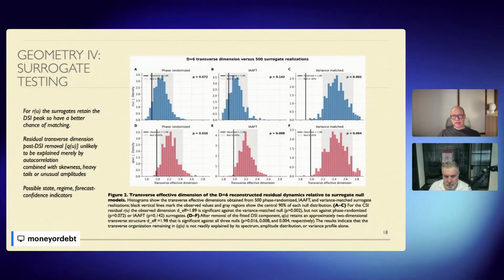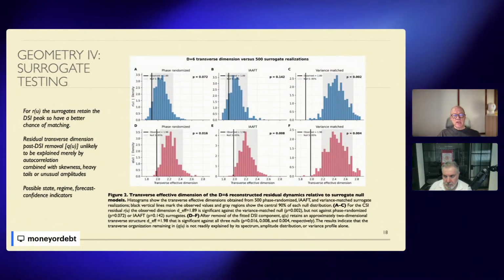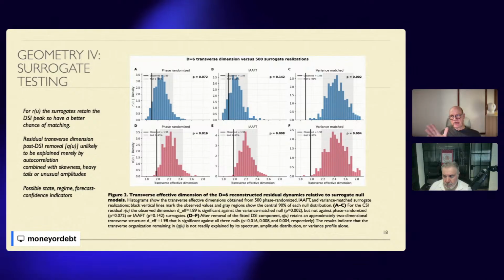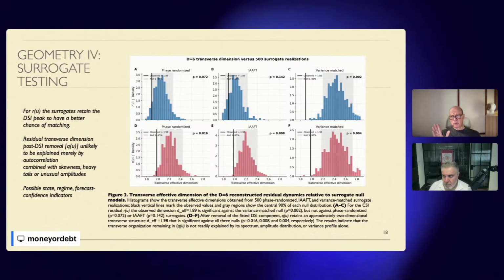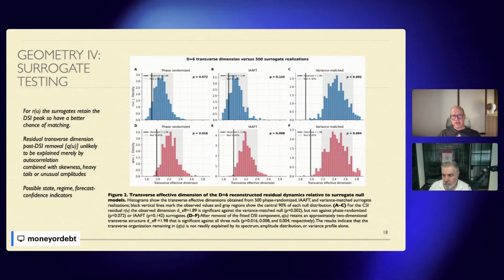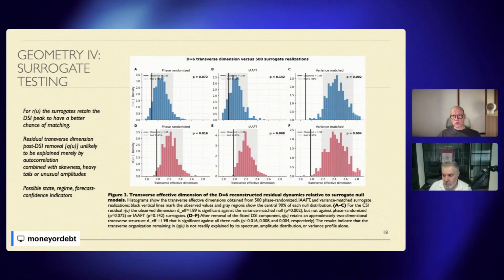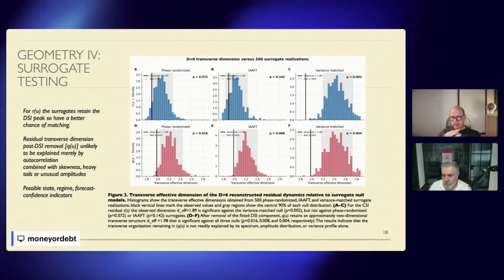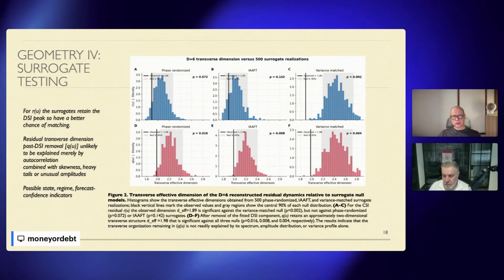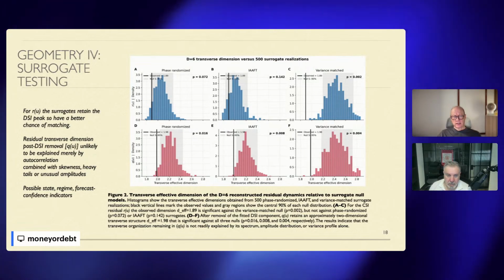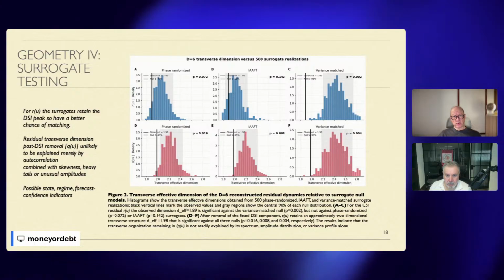And then we do surrogate testing. There are 3 different tests, and there's a histogram, and there are 500 realizations for each. The first row is the first order residuals, the R's. The second row is the second order residuals, the Q's. Let's look at the second row first, the red ones.